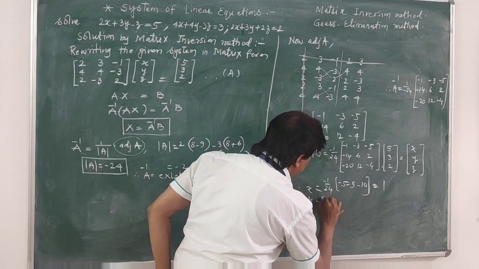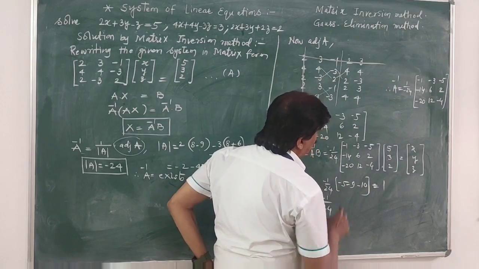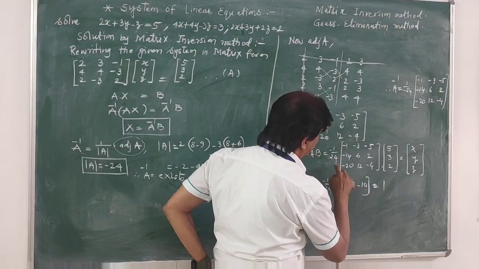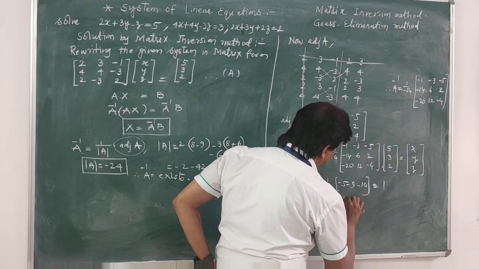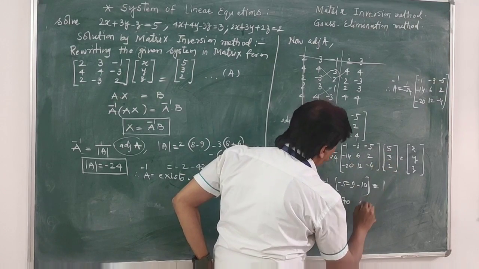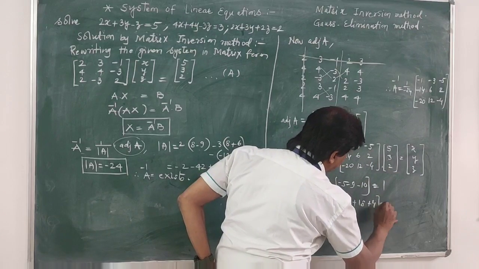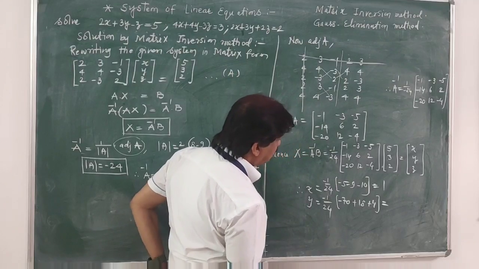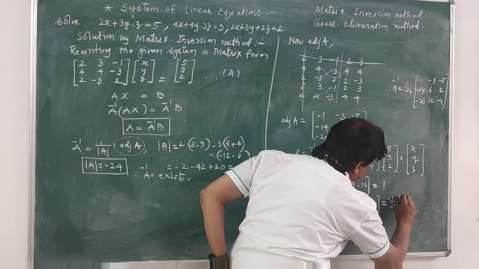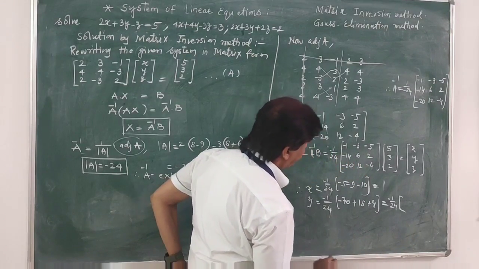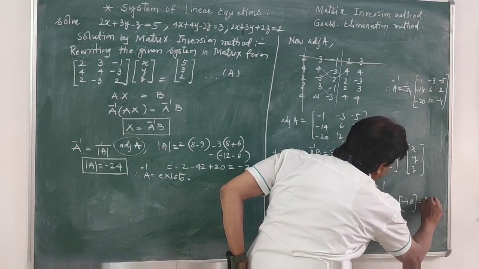Y is equal to minus 1 by 24, second row with first column: 14 times 5 is 70, minus 70; 6 times 3 is 18, plus 4. Minus 70 plus 22 is minus 48, so it is plus 2.